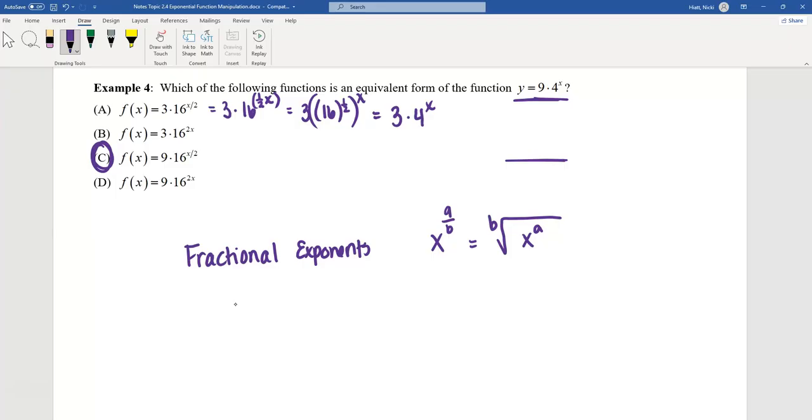So like in this case, we had 16 to the 1/2 power. The number on the bottom of the fraction is your root, right? Roots are on the bottom of a tree. So the root that goes out here is the bottom of the fraction. So that would be the square root. We don't normally write the 2 on a square root, but we could, right? A square root of 16 to the first power, which is just the square root of 16, which is 4.